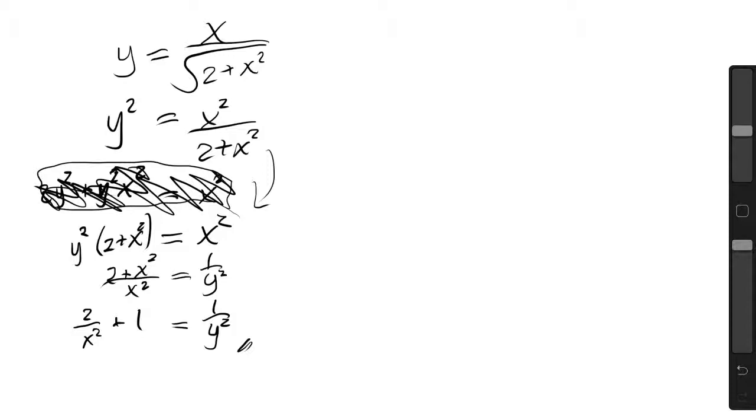So differentiating this implicitly would mean that I am differentiating 1 on x squared plus 1 by dx. Let's put it in index form first, which is 2x to the minus 2 plus 1 is equal to y to the minus 2, and differentiate both sides implicitly.